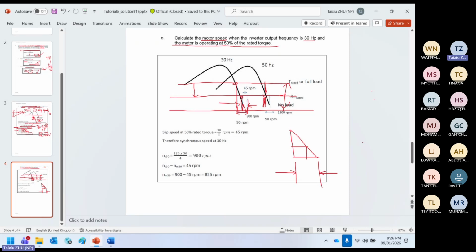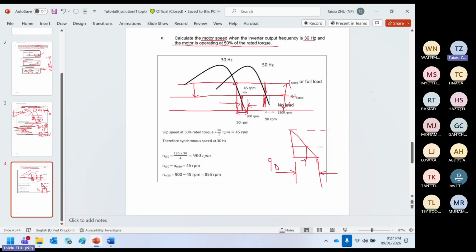Answer this, guys. How much is it? 90, is that right? Yes, 90. But this one is for full load. Now the full load torque is here. But now you have the load. Then the question is, how long is it from here to here?